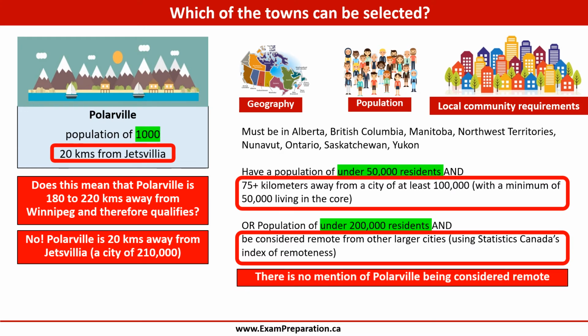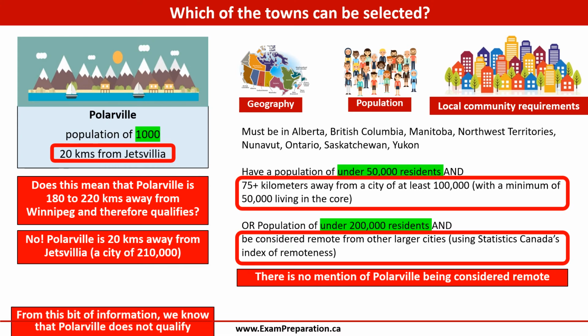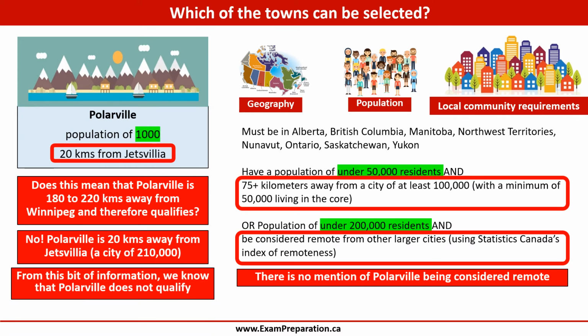So we wouldn't put that into our analysis. Instead, we can take a look at the information given to us here, which is pretty straightforward. Polarville would not qualify because in terms of geography, it is too close to a larger city. And that city is Vilia, as we saw before.